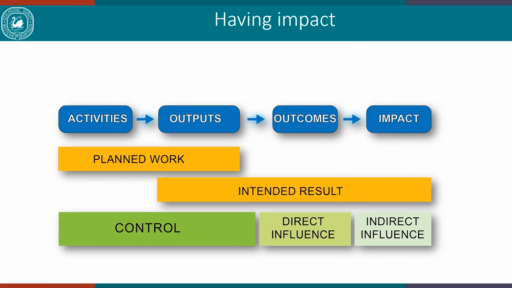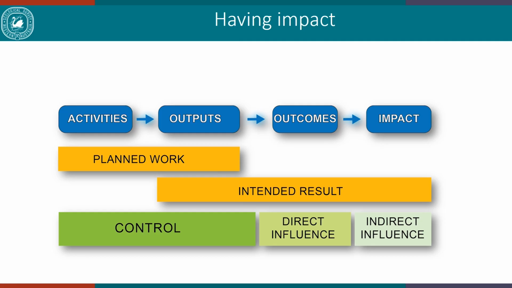It's worth considering how activities lead to impact. When we plan work in our organization, we can really only control the output by the decision we make on how to carry out our activities, whereas we also hope for a positive outcome and an even more positive impact.